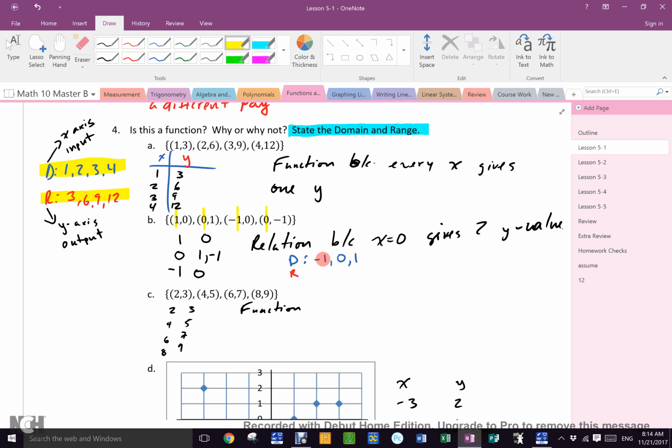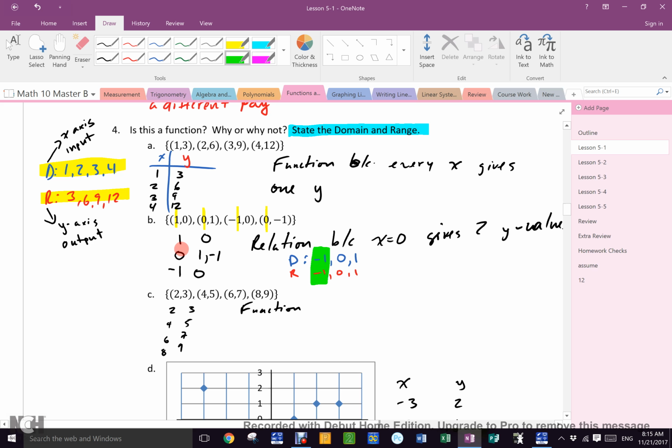Cool? And then we do the same thing for the range, except again we put it in order, -1, 0, 1. Now what happens on these that messes you guys up is you think that this is an ordered pair. Is it?